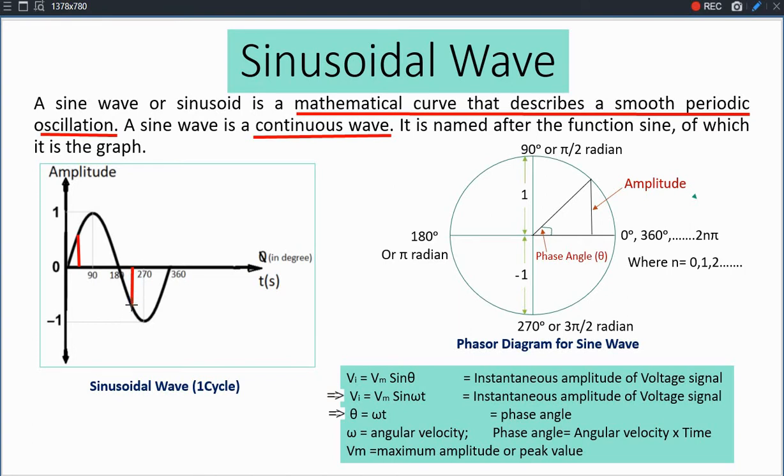So this vertical line shows the instantaneous value of the sinusoidal wave at any instant. Here in the left side rectangle box, I have shown the graphical representation, while in the right side, the wave is represented in the form of phasor diagram.